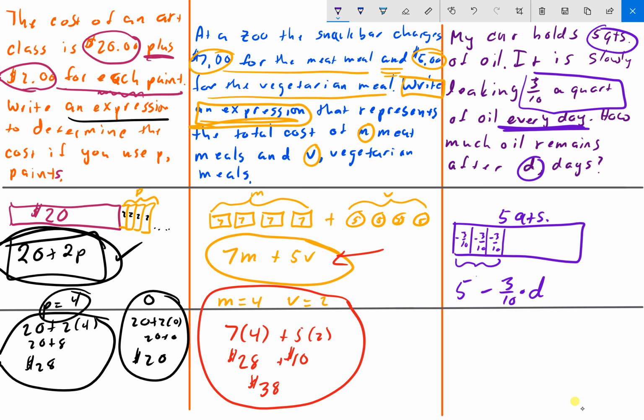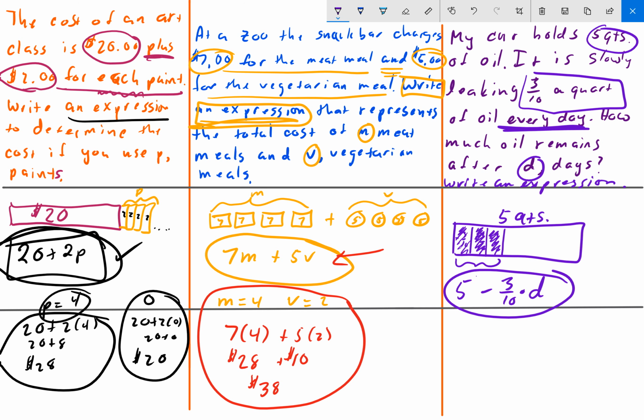If days equals 1, I've just lost this. If days equals 2, I've lost 2 of them. If days equals 3, I've lost 3 of them. Now, once again, this is your expression. Well, I should have said write an expression, which I did not. But that's what we're doing here.